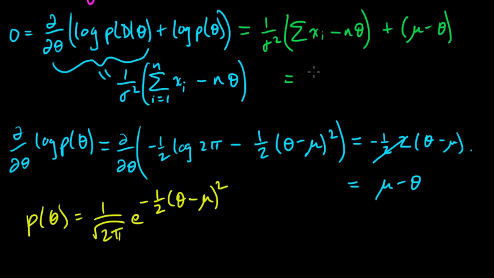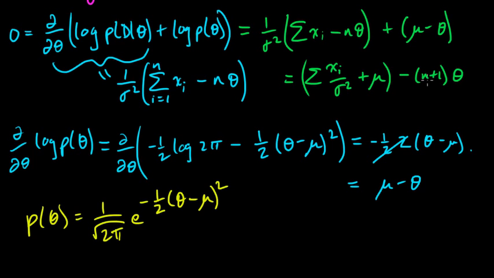Let's write it this way: the sum of xi over sigma squared plus mu, minus n plus 1 theta.